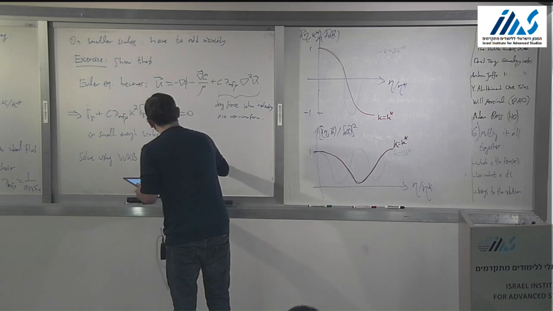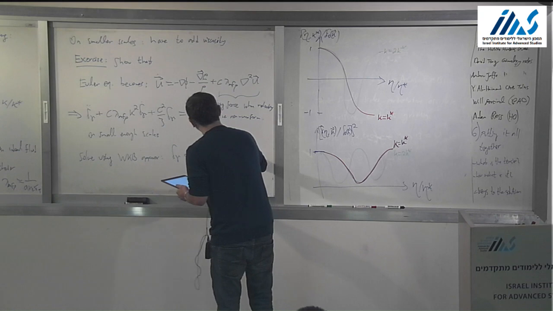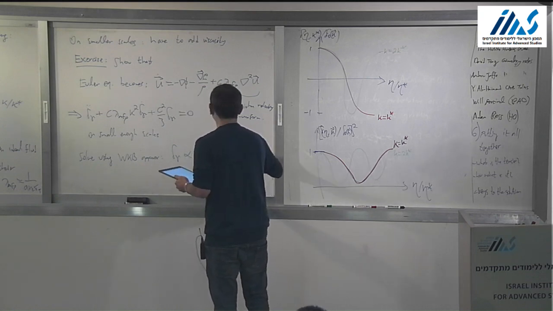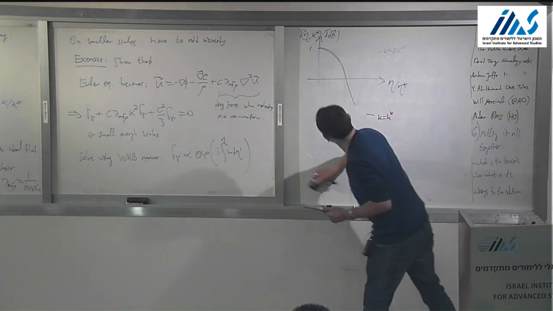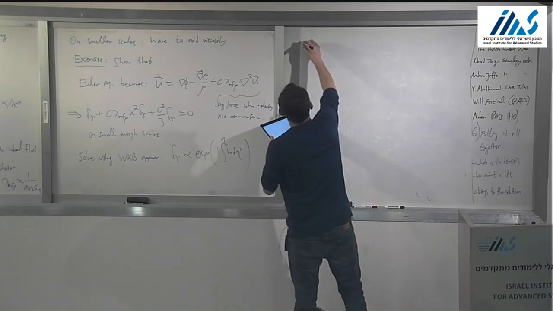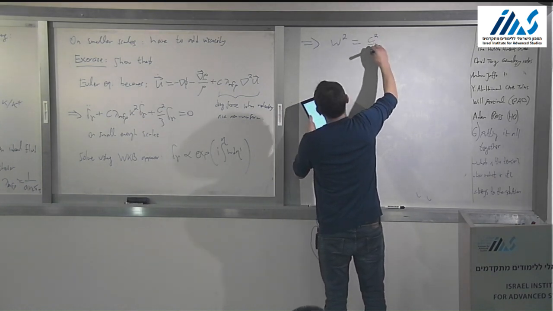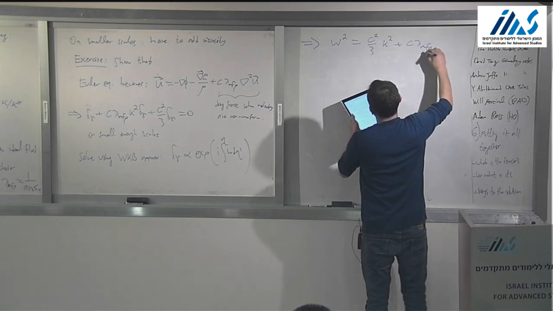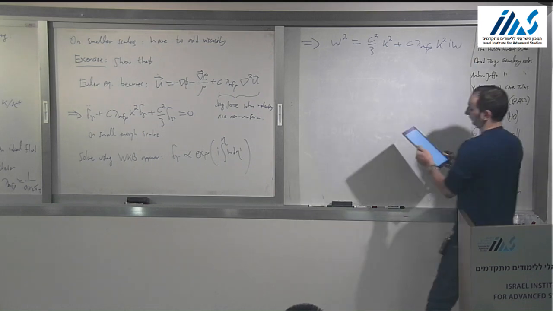So you assume that delta is proportional to the exponent of i times the integral over eta of omega d eta. If you plug this in, you get this relation for omega.